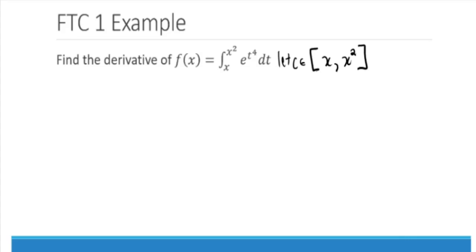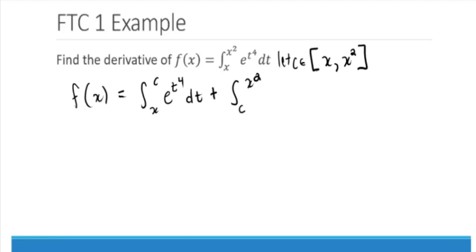Then, using one of the properties of integrals, for f of x only, not yet f prime, we can rewrite this as the integral from x to c of e raised to t to the fourth dt plus the integral from c to x squared of e raised to t to the fourth dt.